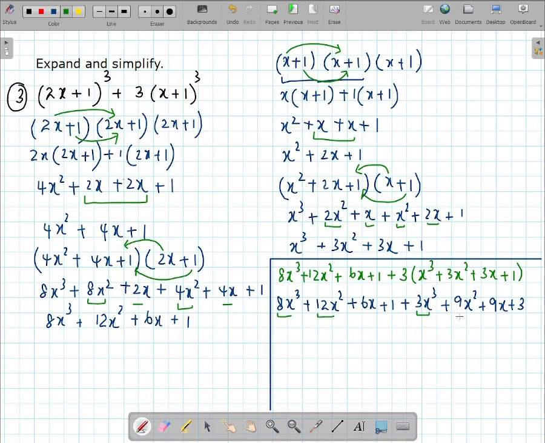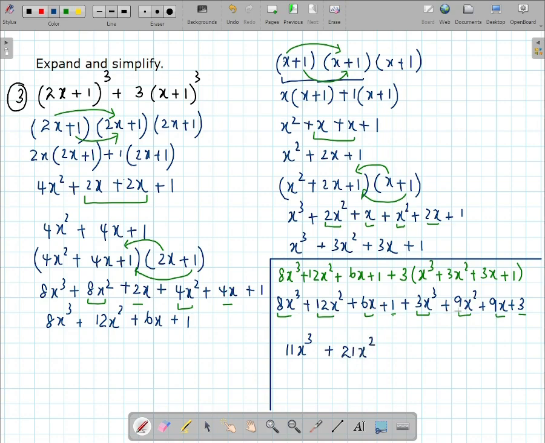Now like terms, 8x to the power 3, 3x to the power 3, 12x to the power 2, 9x to the power 2, 6x, 9x, 1 and 3. Okay, 8x to the power 3 add 3x to the power 3, that is 11x to the power 3. Then 12x to the power 2 add 9x to the power 2, that is 21x to the power 2.